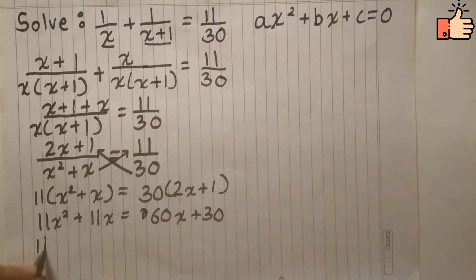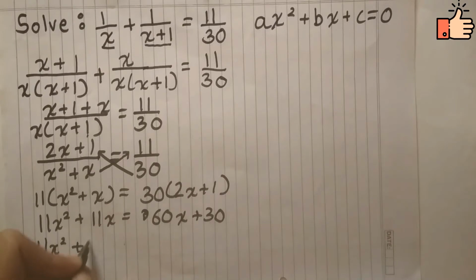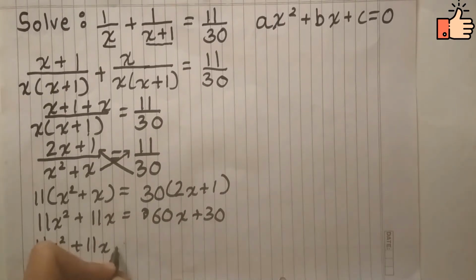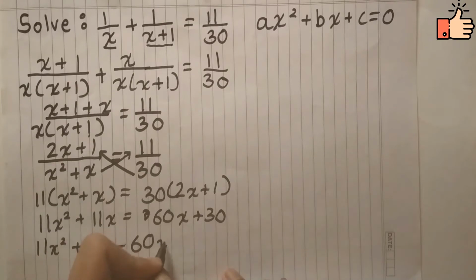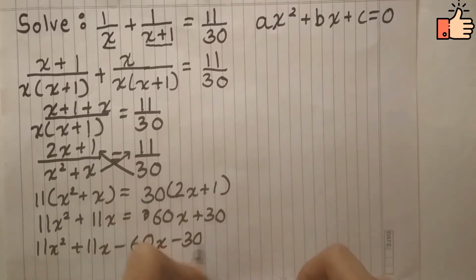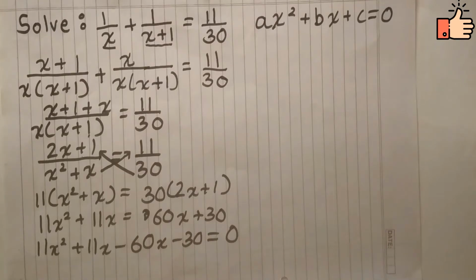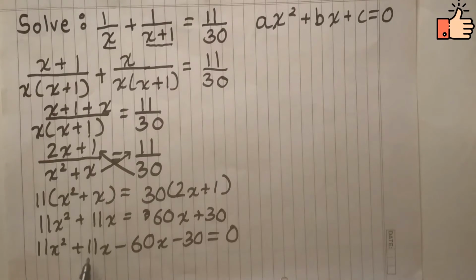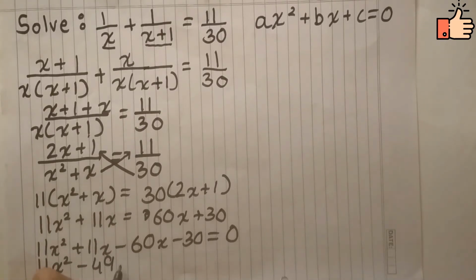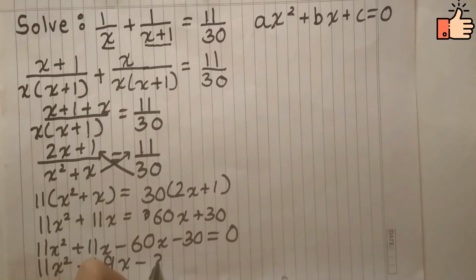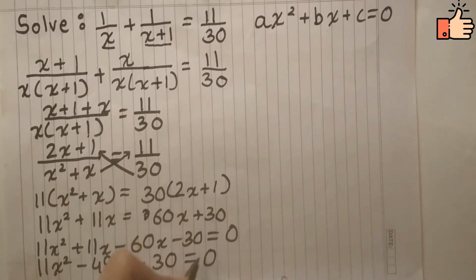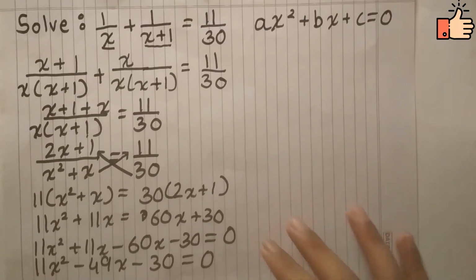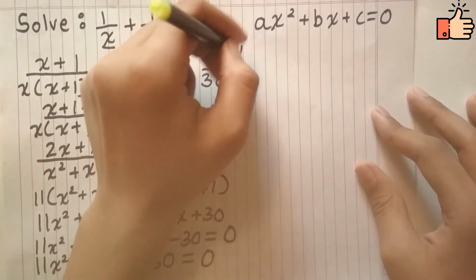So it is 11x squared plus 11x minus 60x minus 30 is equal to 0, and then we'll get it. 11x minus 60x is minus 49x, so 11x squared minus 49x minus 30 equals 0. Now let me continue it on the other side.